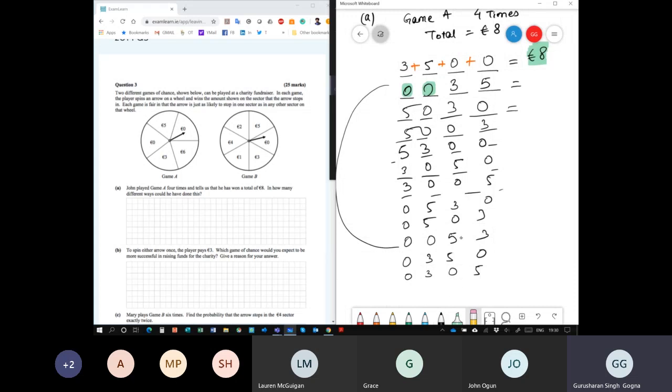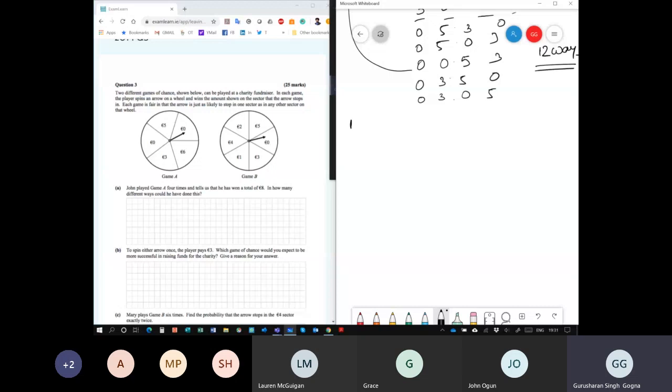So 1, 2, 3, 4, 5, 6, 7, 8, 9, 10, 11, 12. So there are a total of 12 ways possible. But you need to play with 3 and 5.